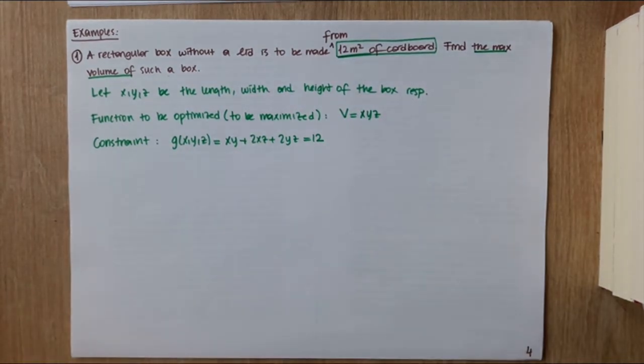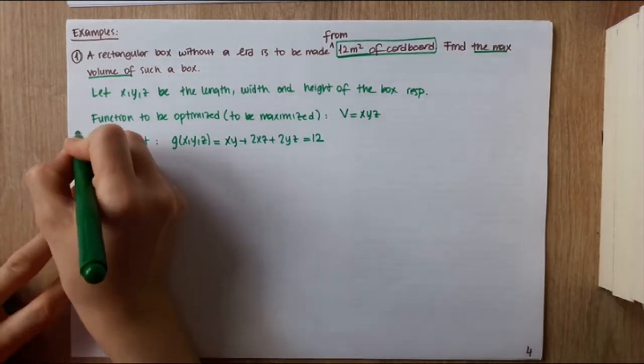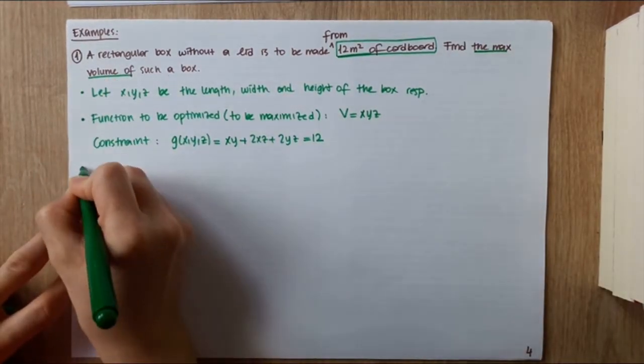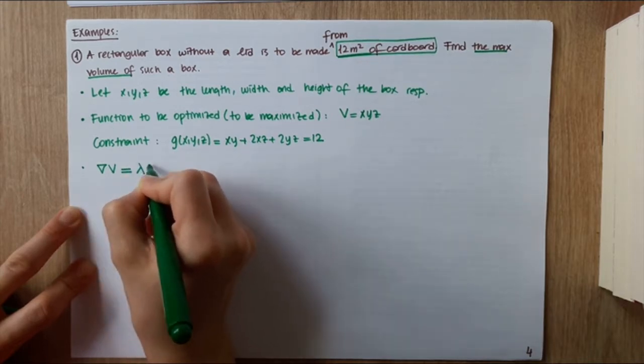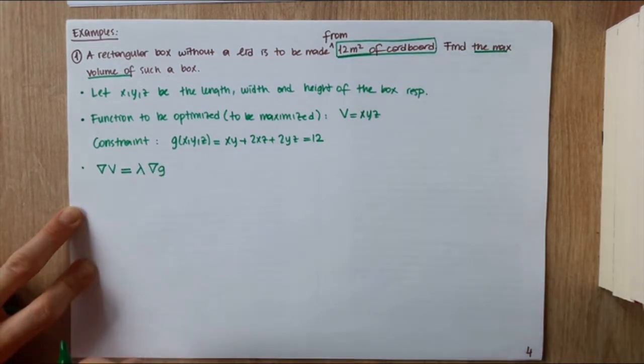Okay, so now using the Lagrange multiplier method, we look for the values of x, y, z, and lambda such that, in other words, let me write first of all these. The gradient of the volume should be equal to lambda times the gradient of g, the constraint function.